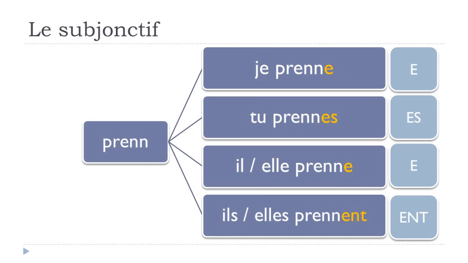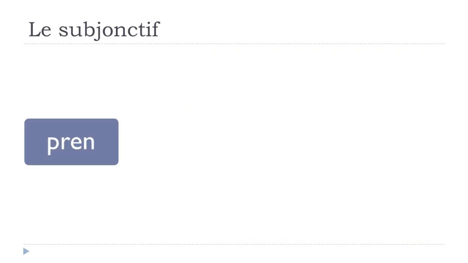Okay? So it's the first part, okay? Because if you remember, we had as well this part from nous, okay? And as I told you, the difficulty of the subjunctive is just because we will have a difference of construction for nous and vous.